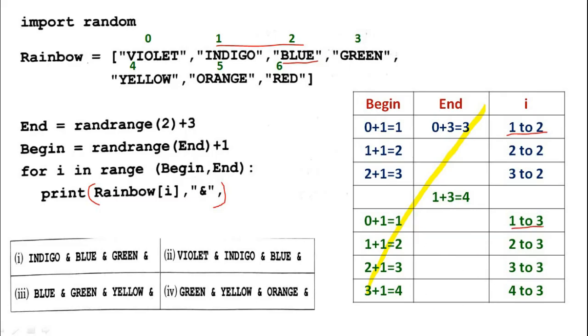1 to 3. That is from indigo to green. So what will be the output? Indigo and blue and green and. Is it there in our option? Yes, it is there. So this is one of the possible outputs.